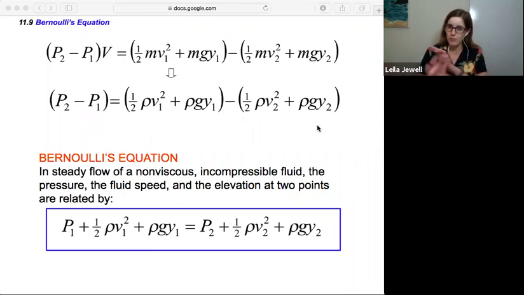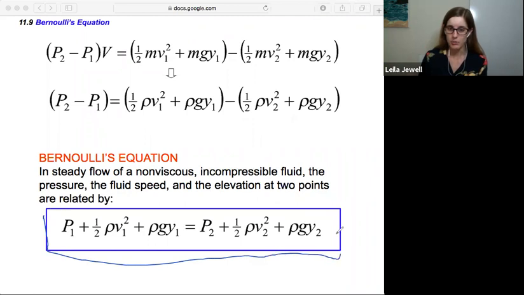So if we rearrange things so everything becomes positive, we arrive at what's known as Bernoulli's equation. So in a steady flow of a non-viscous, incompressible fluid, the pressure, fluid speed, and elevation at 2 points are related by this equation. And this is a really useful equation. It's like our pressure-depth equation, but even better because it doesn't have to be static anymore.